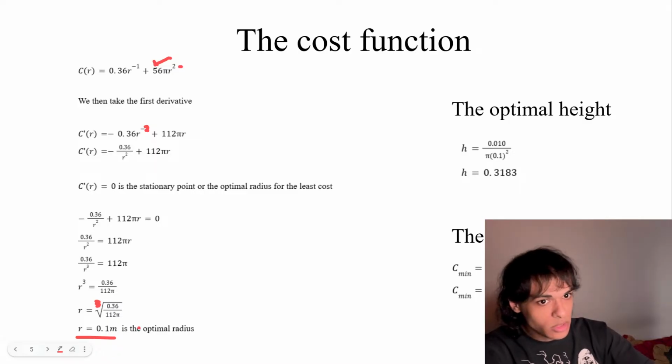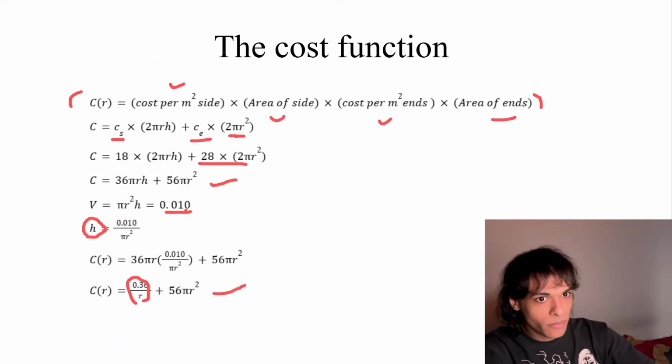So this radius then is going to help us find the optimal height. We just substitute it back into the formula for the height, which is this one, right?